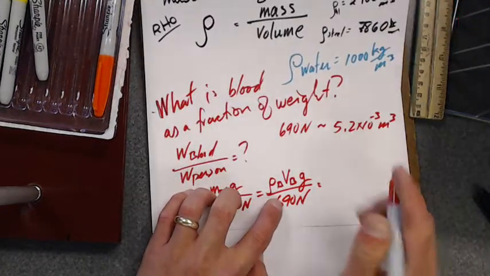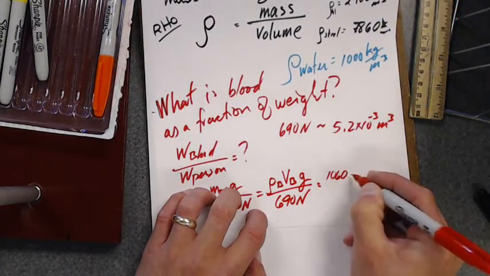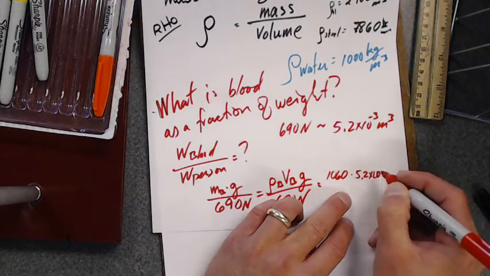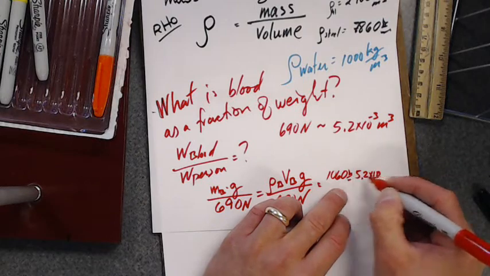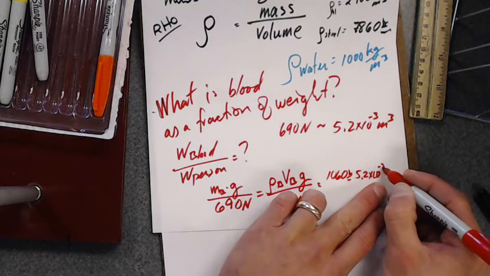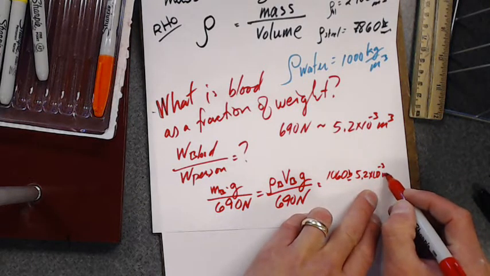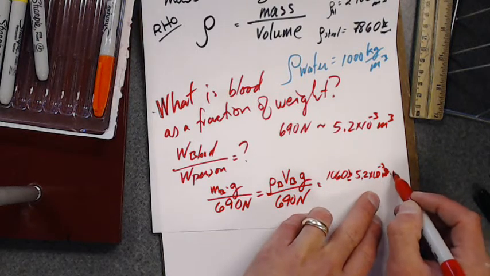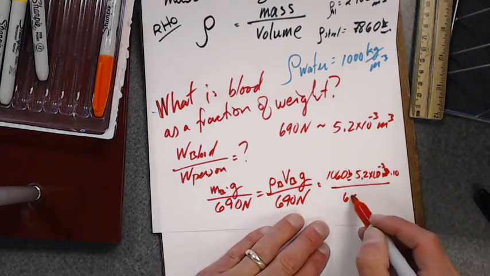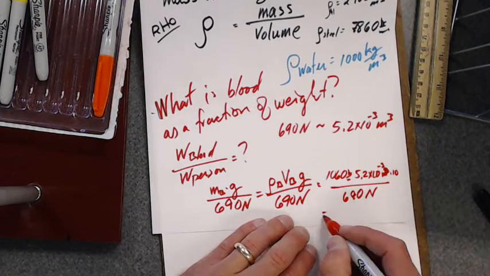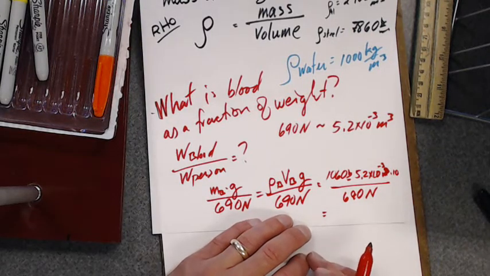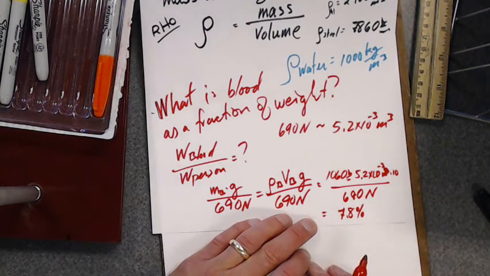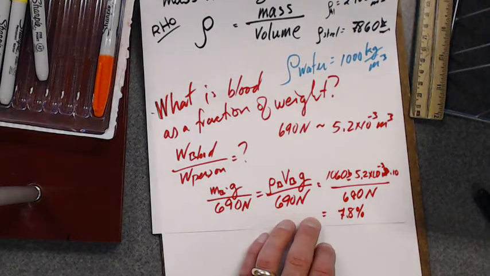The density of my blood is 1,060 kilograms per cubic meter, times the volume of my blood, which is 5.2 times 10 to the minus third cubic meters, times g, which is 10, divided by 690 newtons. When you multiply all of this out, you end up with 7.8%. You are 7.8% blood.